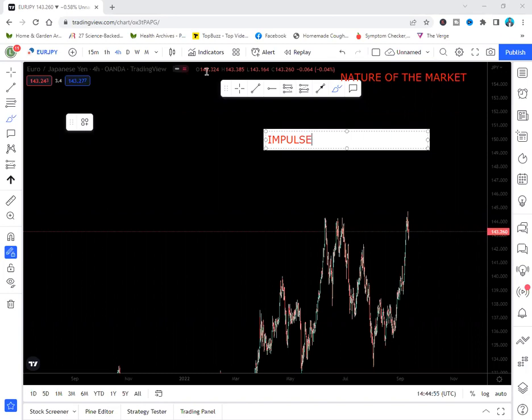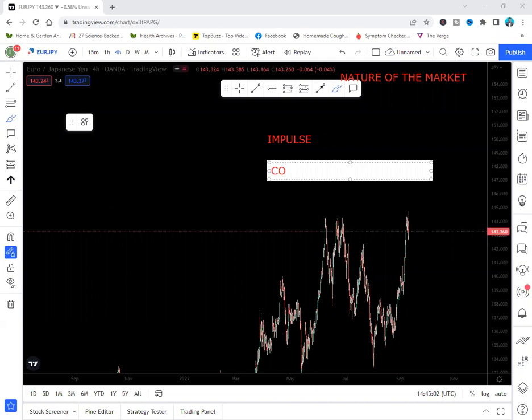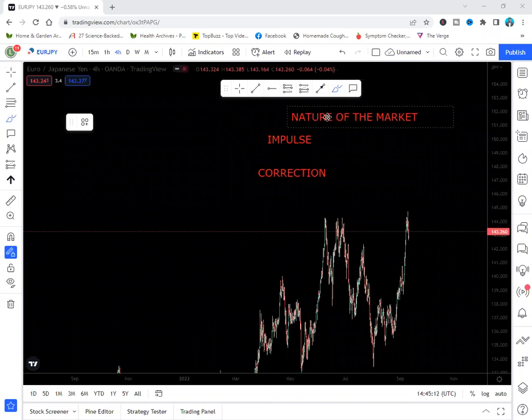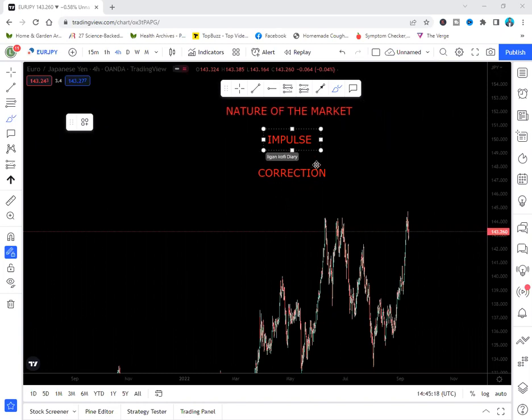And then the next thing you will find in terms of the nature of the market is correction. So these are the two things you will find when it comes to the nature of the Forex market: impulse and then correction.